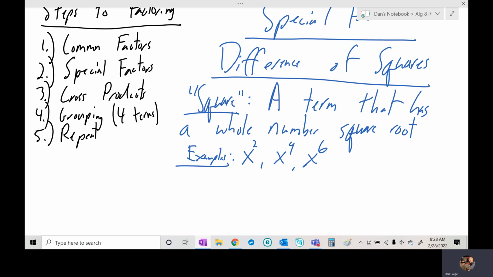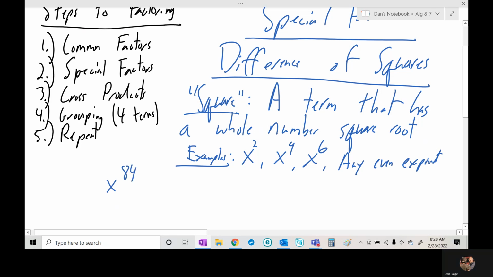What's the square root of x to the sixth in exponent land? Yeah, x to the third, right? So any even exponent. If I had x to the 84th, is that a perfect square? Yeah, 42 and 42. You get the idea. So it's any even exponent.